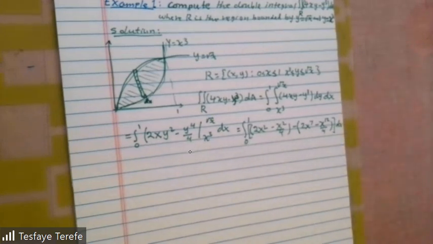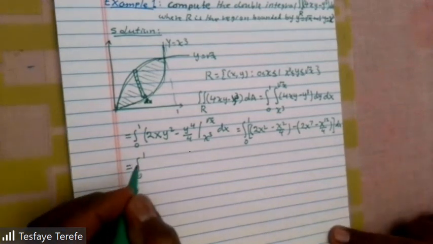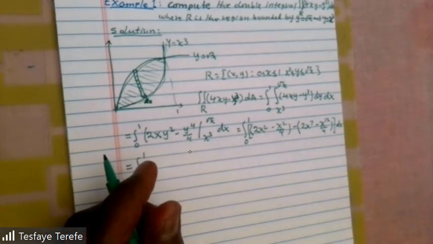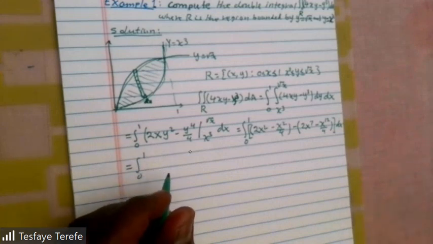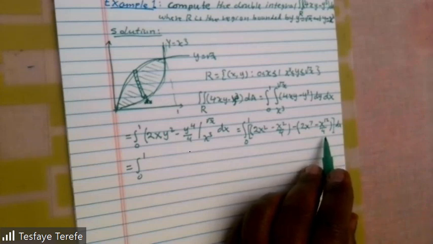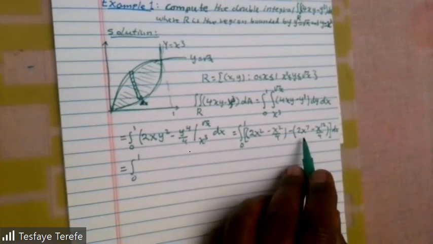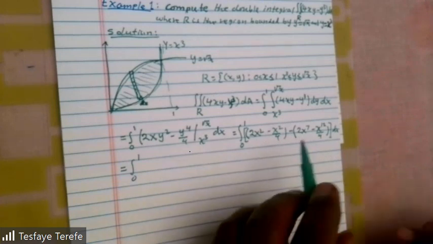Then now let us really combine like terms. Okay, x squared I have, and here I have 2x to the fourth power. Let us really expand it.